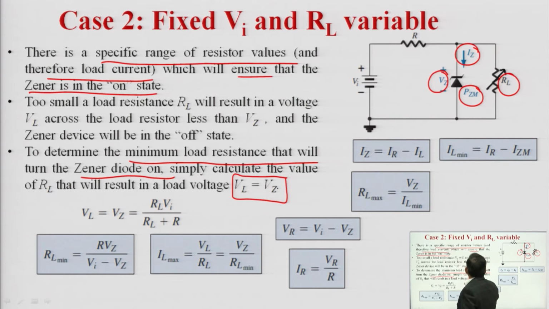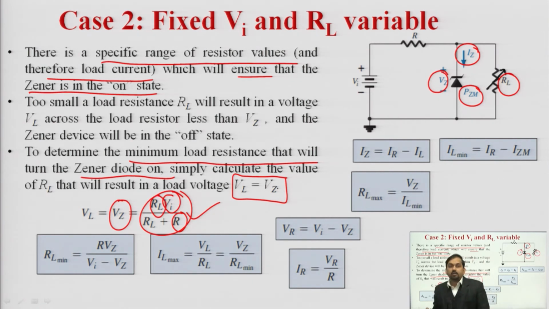So, we have the load voltage VL equal to Vz, and this is nothing but the voltage divider: RL multiplied by Vi divided by RL plus R. Now, we can clearly see from this expression that Vz is fixed, Vi is also fixed, the series resistance is fixed, so RL has to be some minimum value so that the load voltage is equal to Vz.